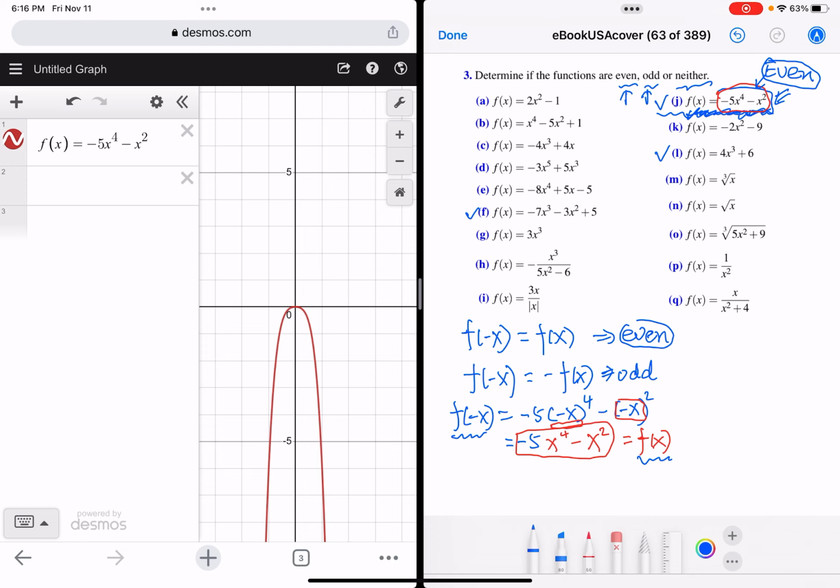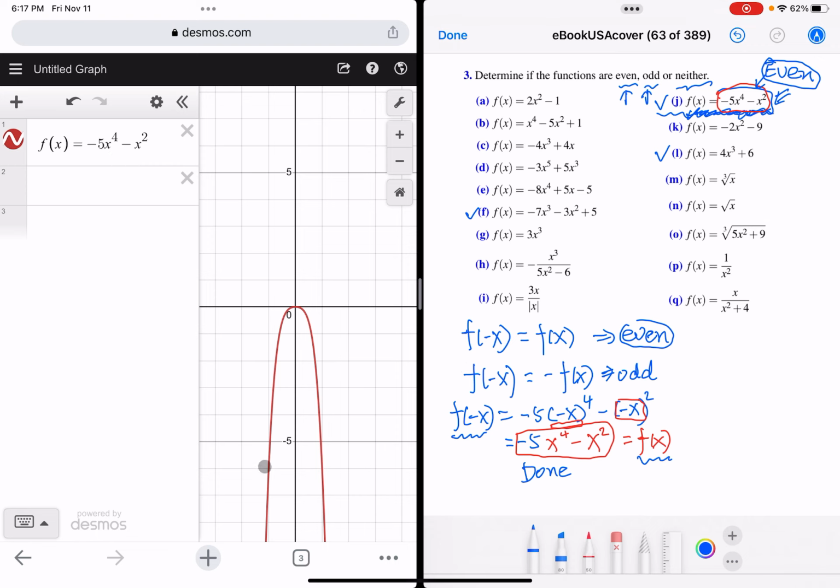Okay? So you just do this in an algebraic way. You are done, actually. In this case, you are done. But let's say more. Here you can see we input this function into Desmos.